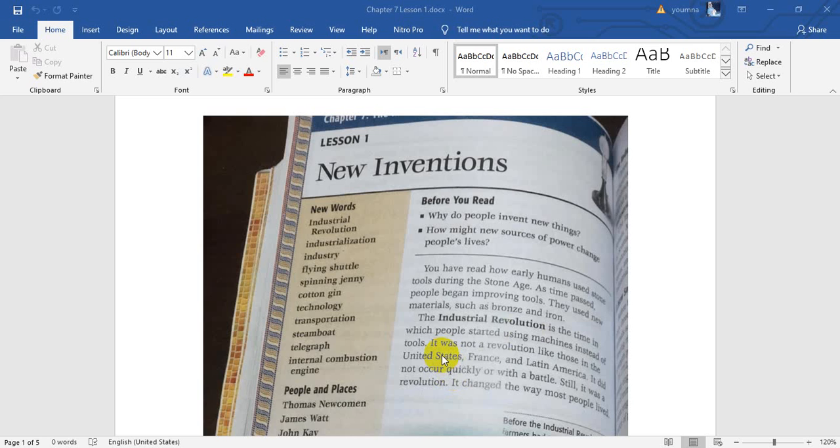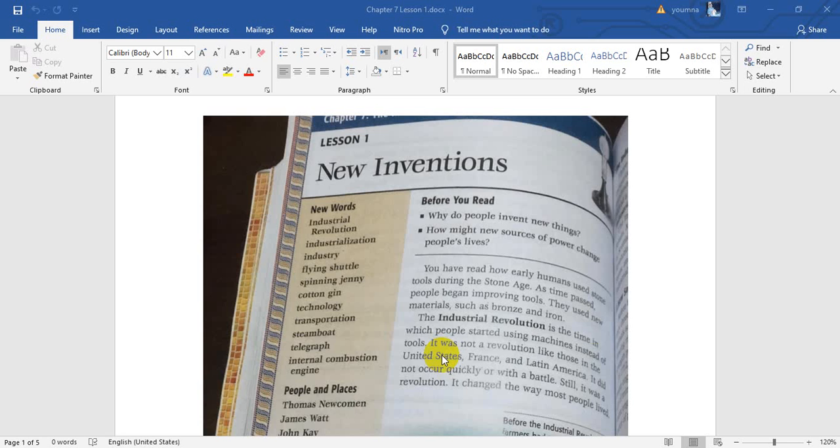So it was not a revolution like those in the United States, France, and Latin America. No, actually, it did not occur. Occur here means happen quickly or with a battle and without a fight. Still, it was a revolution. It changed the way most people lived.